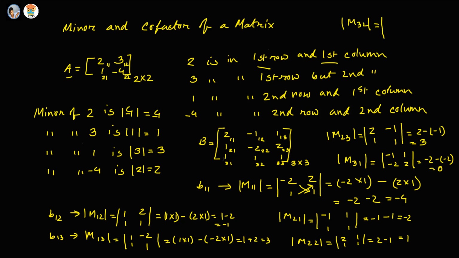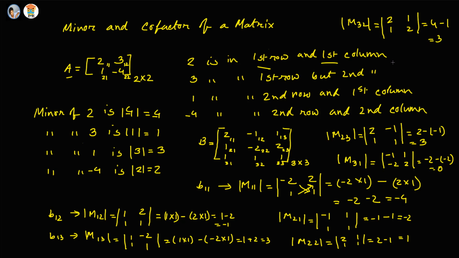M32 will not consider third row, second column, so we will be left with 2 and 1 from the first column and 1 and 2 from the other column. Here we'll have 4 minus 1, this will be 3.